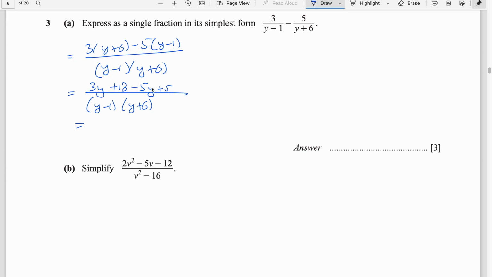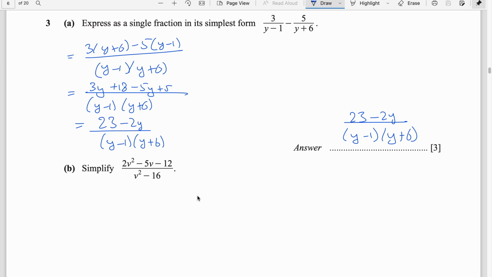So 18 and 5 is 23, minus 2y, divided by (y minus 1)(y plus 6). 23 minus 2y over (y minus 1)(y plus 6).